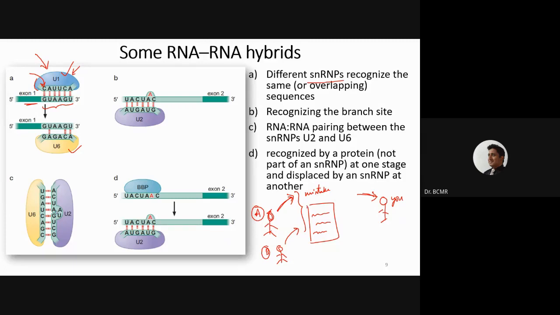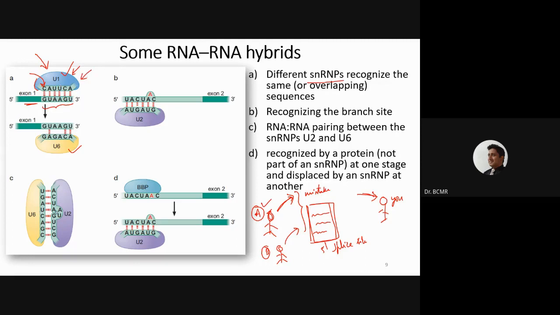What you're seeing, you can think of the paper here as the 5' splice site. If it is read by two people, then it is likely more accurate. If it is read by only one person, there could be mistakes, right? That is how we will see the pathway.